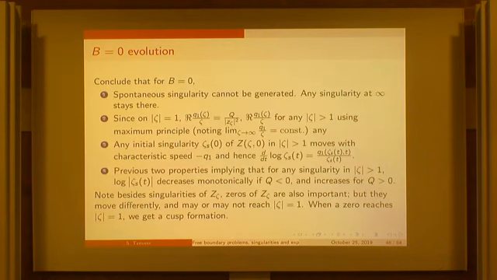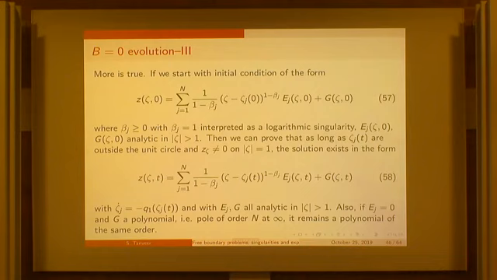But more is true, not just that. If you start with an initial condition with branch points in general, and we will interpret beta j equal to 1 to be a log singularity, right? If you start off with a general initial condition like this, where these guys are analytic, it stays within the same class later in time, provided you move these guys according to the characteristic speed, but these guys remain analytic, all right?